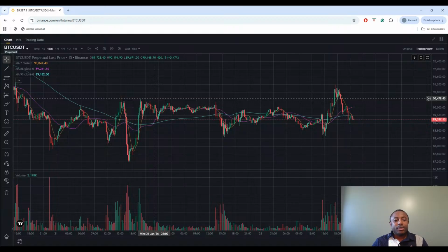Another thing we listed was the team. What's the team behind it? Are they credible? Are they reliable? Are they transparent? Have they done something like this before? Is this their first time? Do they have a track record? And look at the tokenomics: the supply and distribution of the token.